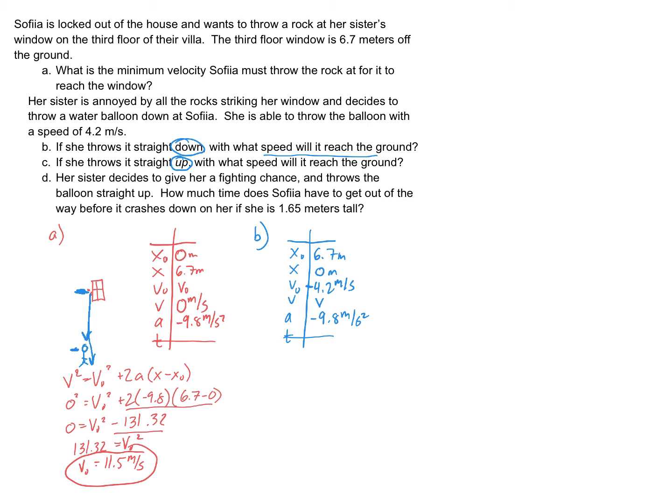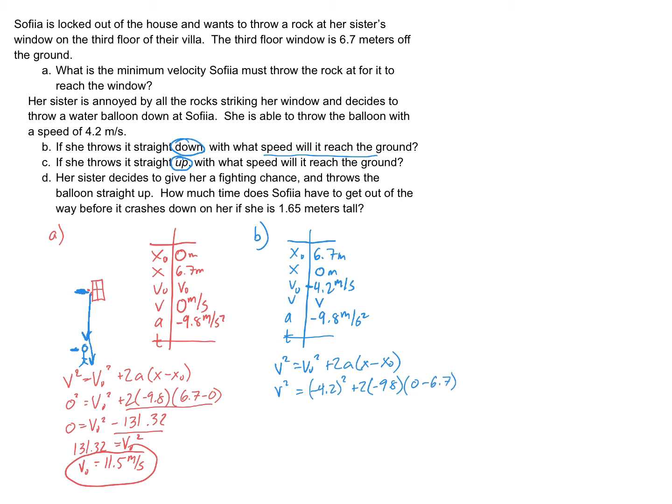Again, we don't have time, so let's use the equation that doesn't require time. So v squared equals v naught squared plus 2a times x minus x naught. And our final speed, that's what we're looking for. The initial speed was negative 4.2 squared plus 2 times the acceleration of negative 9.8 times x, which was 0, minus 6.7.